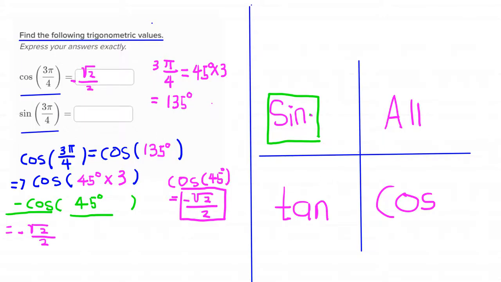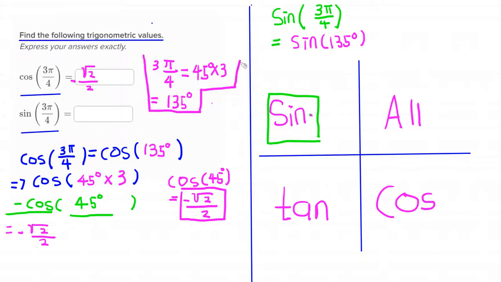Okay, then if you simplify the sine of 3 pi over 4, oh, I need to write here because we don't have space. Sine of 3 pi over 4 will be equal to, as we did in the first step of cosine, sine of 135 degrees, as we did in this step right over here.